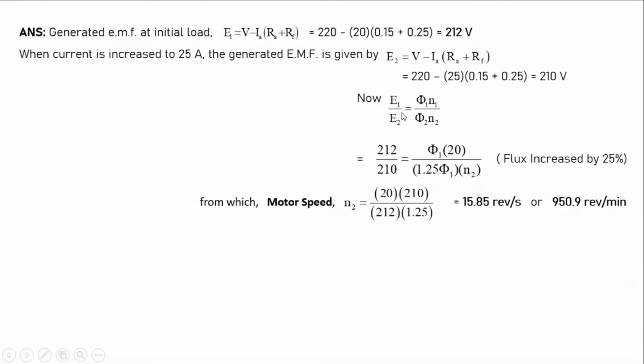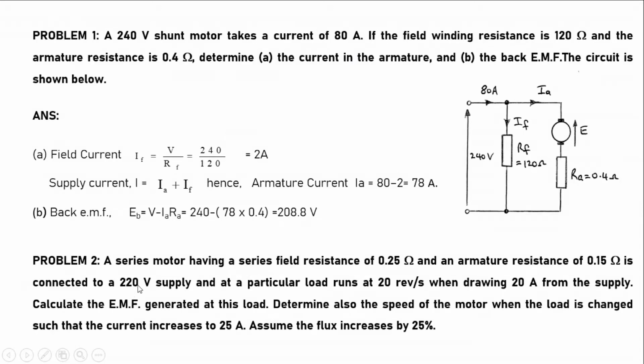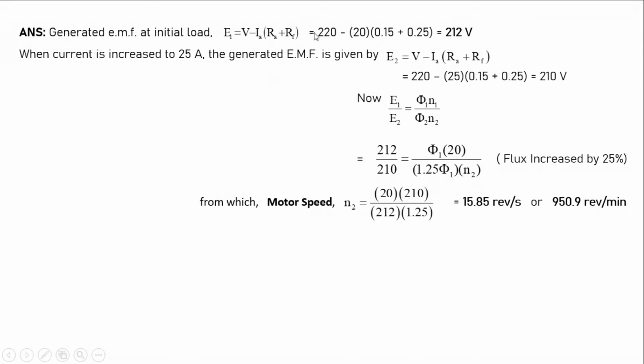So we have the generated EMF, or EB, the back EMF. Back EMF is equal to V minus IA into RA plus RF. 220 volt has been given. IA, only one current, 20 amps initially. This is the initial load. RA plus RF values have been given. We'll end up with 212 volts.